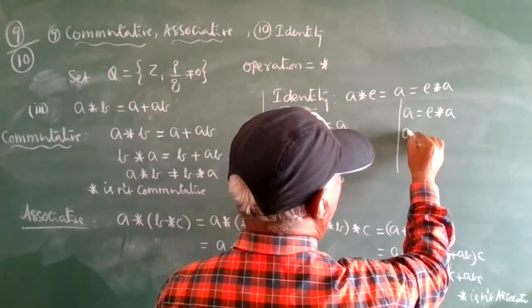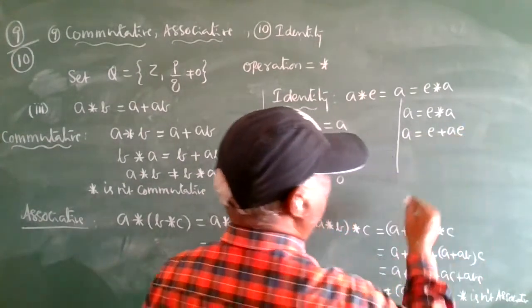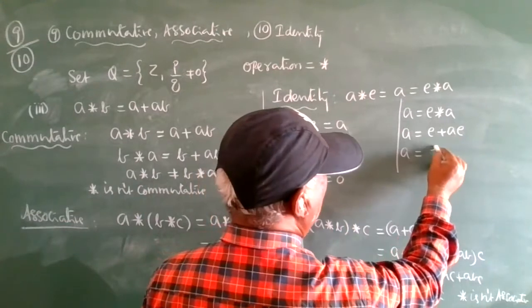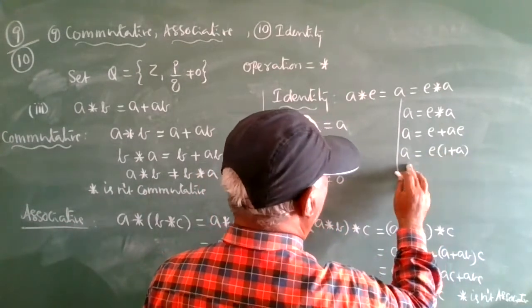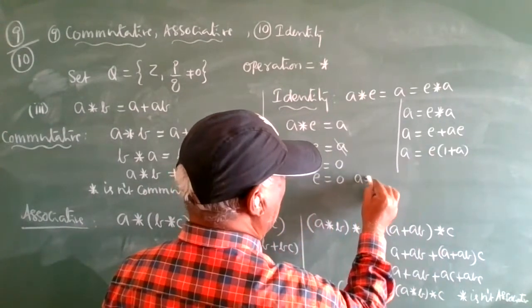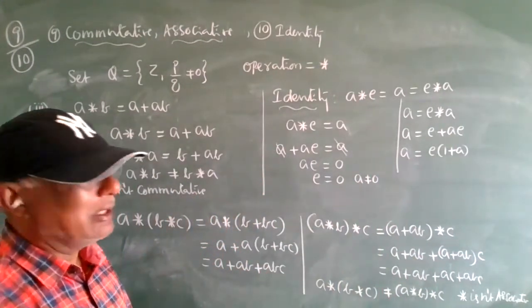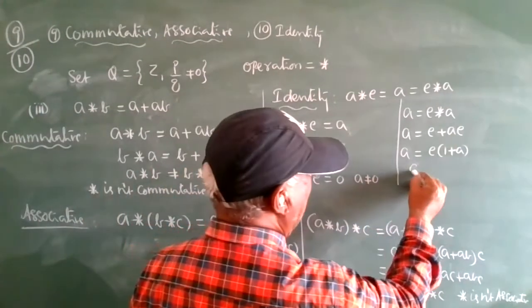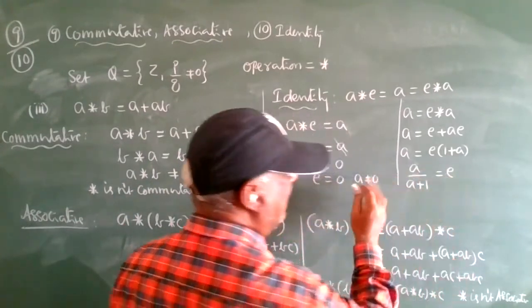Come to here. A is equal to first element, product of the first two elements. A is equal to E into (1 plus A). So here E is equal to 0, A not equal to 0. Then only it will become A by A plus 1, a different identity.